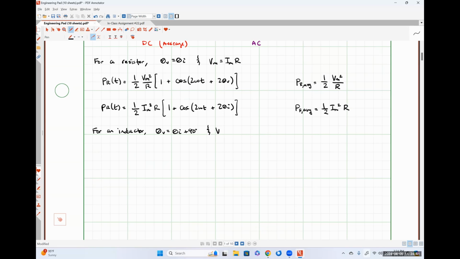And we also know that the magnitude of the voltage is equal to omega L times the magnitude of the current. So the instantaneous power absorbed by an inductor could be written as 1/2 V_m squared over omega L. So what is theta_V minus theta_I going to be?